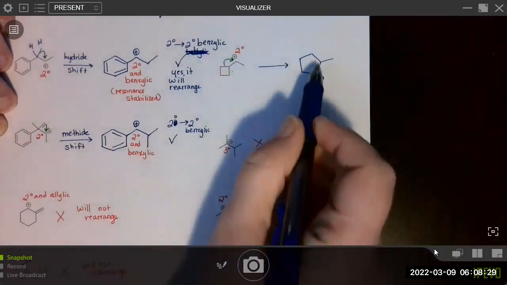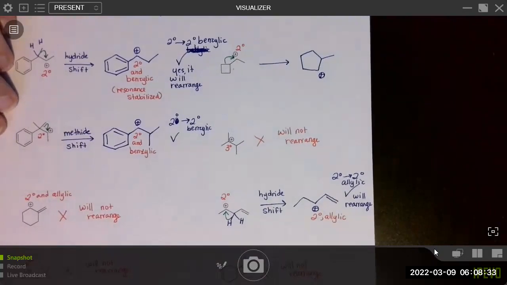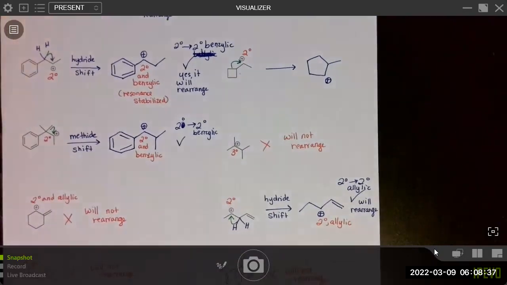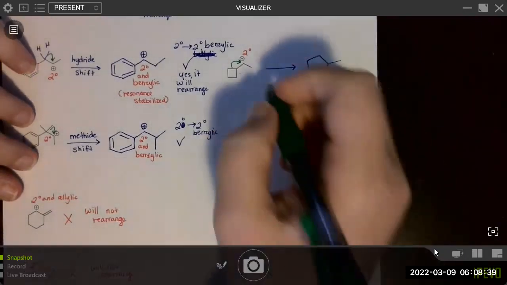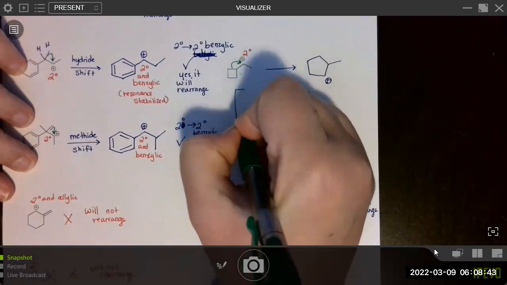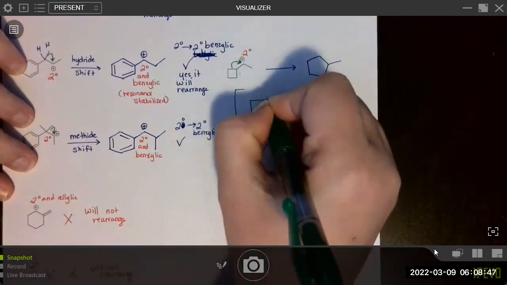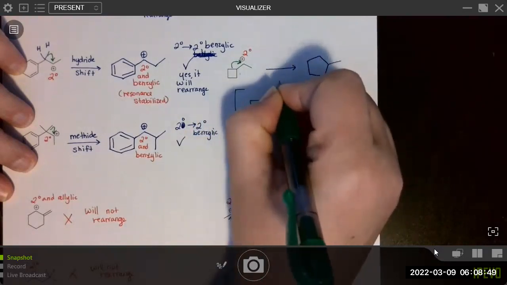You could either draw that here or here. Right? And a lot of people have trouble seeing what that might look like. So what I can do is maybe try to show it to you with partial bonds, which is sometimes helpful. So we have something like this.